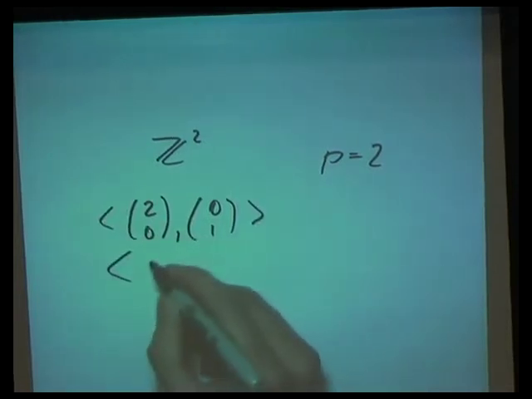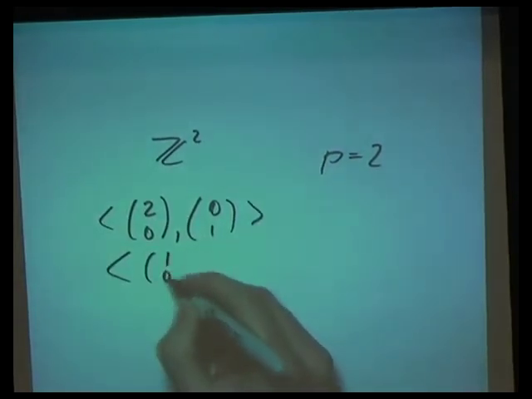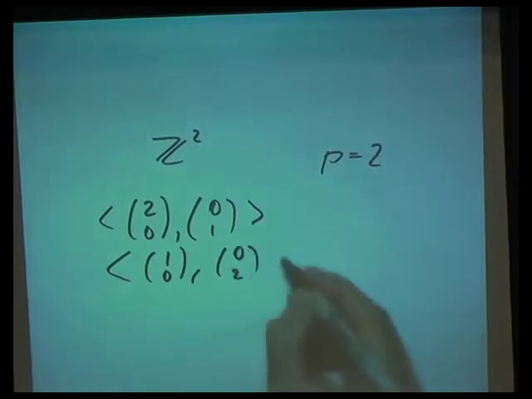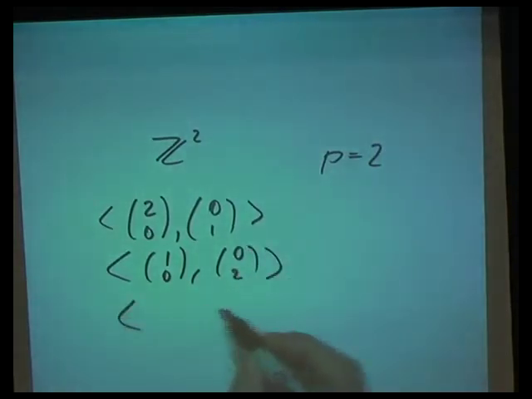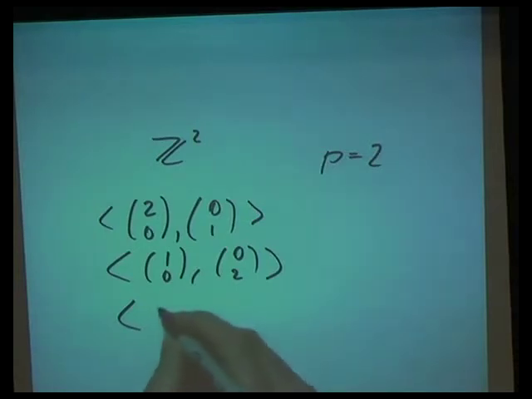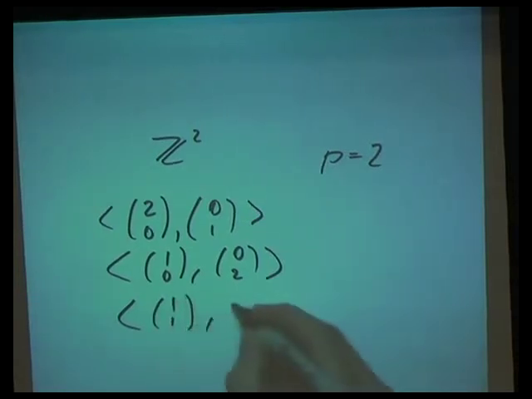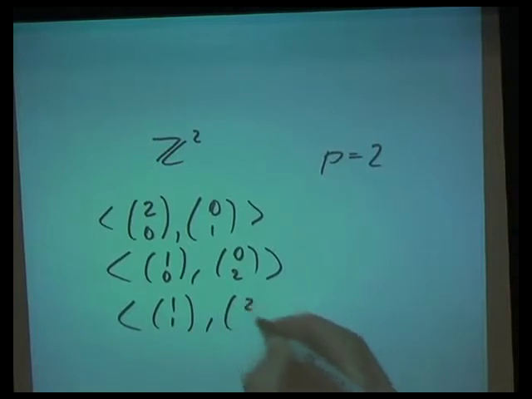You could have the lattice generated by (1, 0) and (0, 2). And you could have the lattice generated by (1, 1) and (2, 0). The order isn't so perfect, but you get 3 of them.